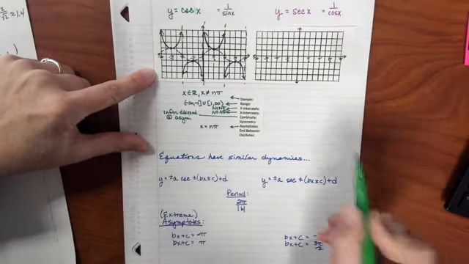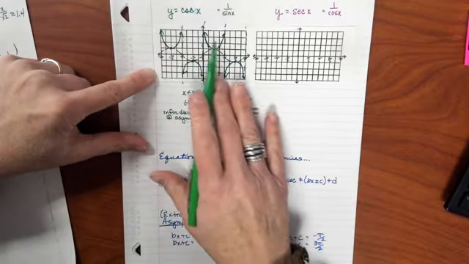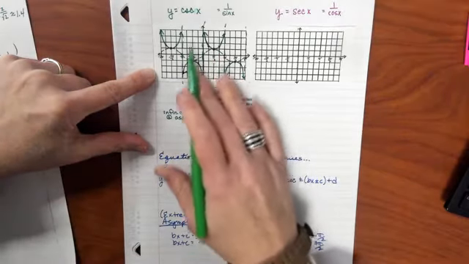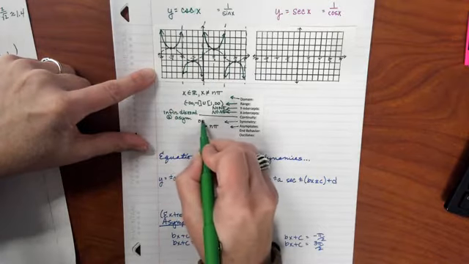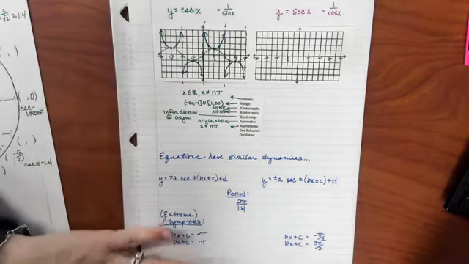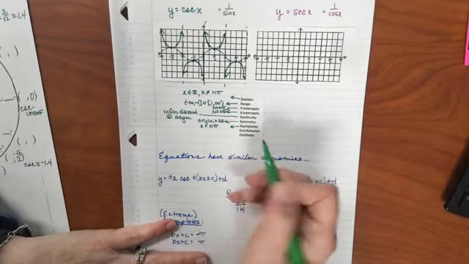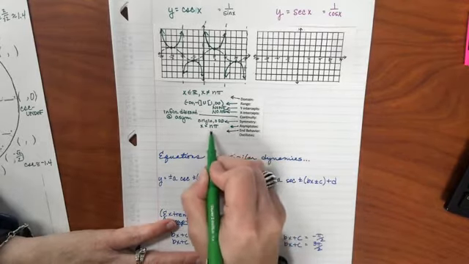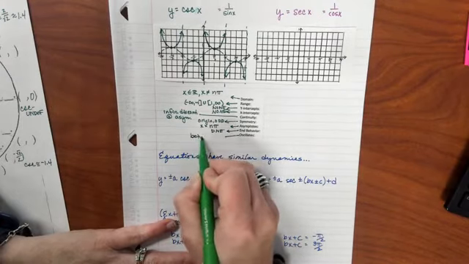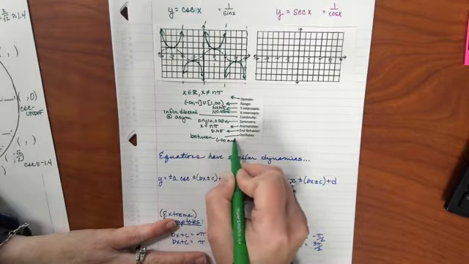And the symmetry, this one is symmetrical to the origin. I can still spin these, and it was still symmetrical to the origin. So it is still odd. End behavior doesn't exist, because it keeps on going and it oscillates again. So we still do not have any end behavior, and it still oscillates between negative infinity and infinity.